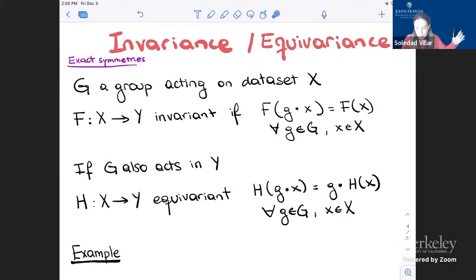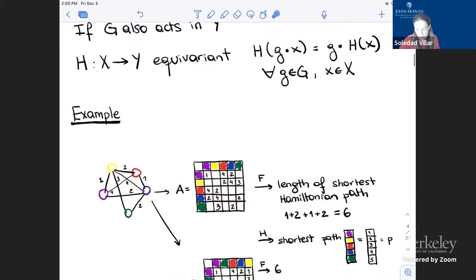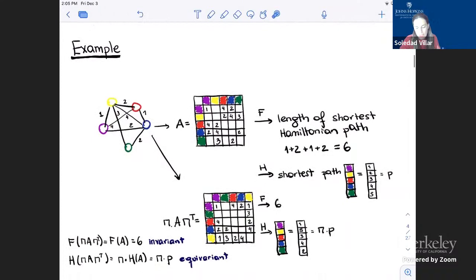So, two classes of functions, and I have a small example. It's not necessary to go through it, but say you have a graph and you're looking for the length of the shortest Hamiltonian path. That is a scalar. It's just a one-dimensional number, which is invariant. It doesn't depend on the representation of my graph as an adjacency matrix.